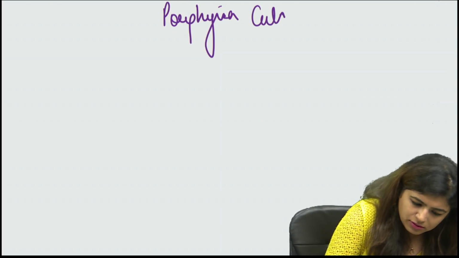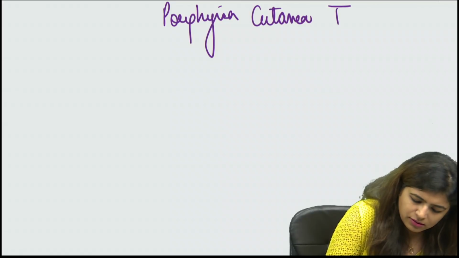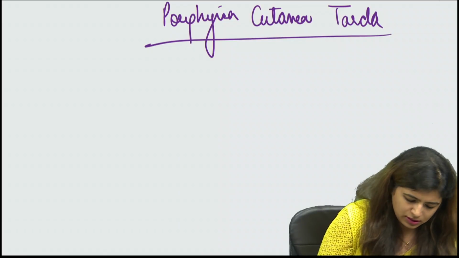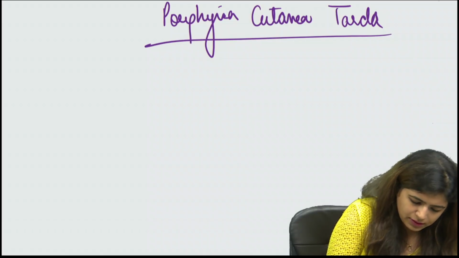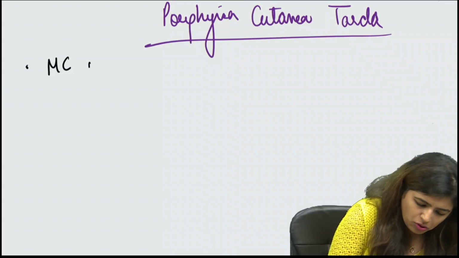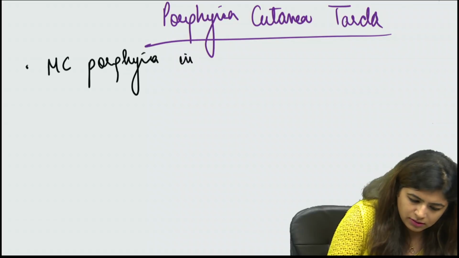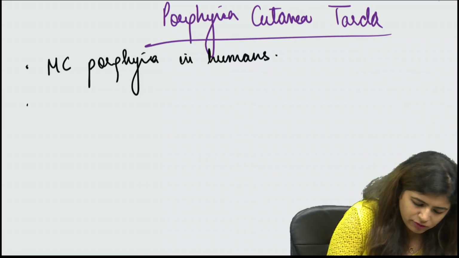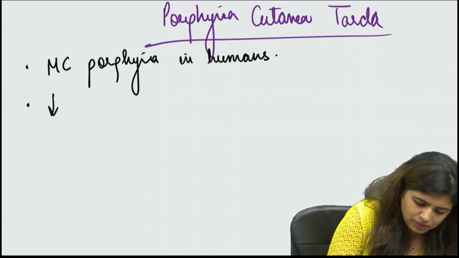Porphyria cutanea tarda. This is the most common porphyria in humans. That is the first thing that you have to know. Then, which is the enzyme?